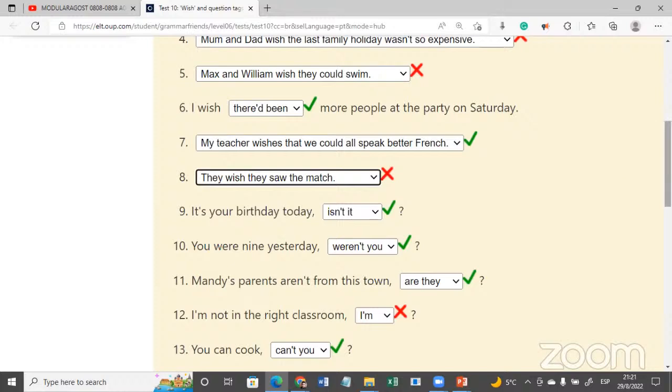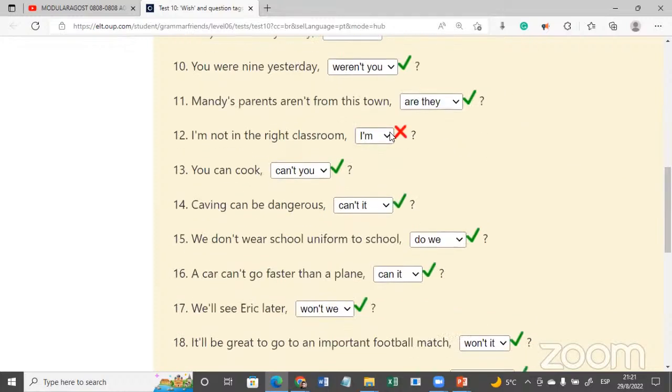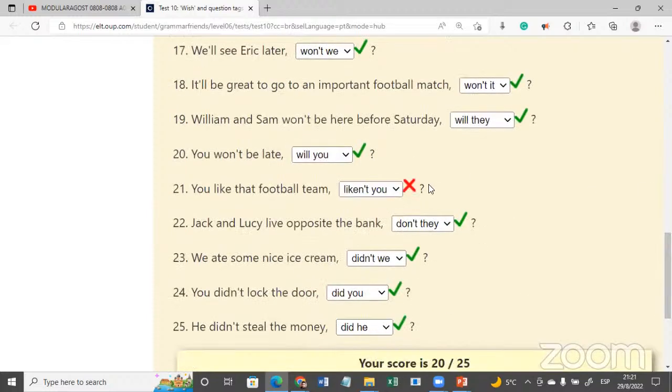The first one. And 12. The third. And 21.